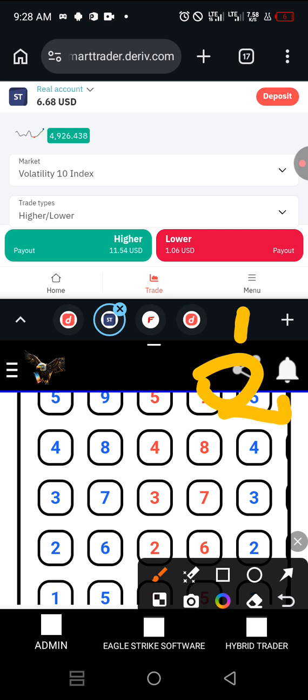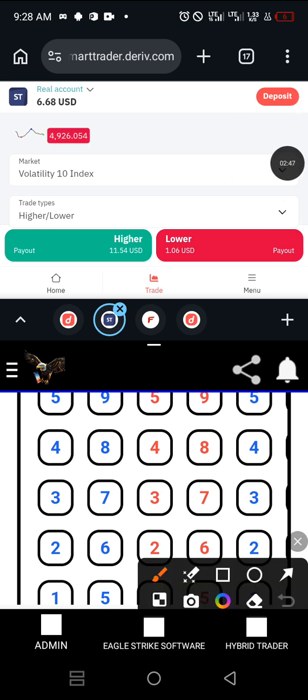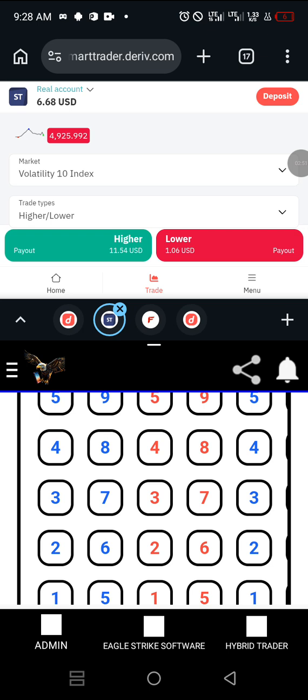If the previous digit before the 0 appears is greater than 5, then the 0 is 10. Only an intermediate or expert trader will understand what I'm saying here. So we always want to target digit 9 or digit 0 as 10 as my entry analysis. I'm waiting for the first signal, which is that the trend has to be up. Then once I see 9 or 0, my analysis starts.